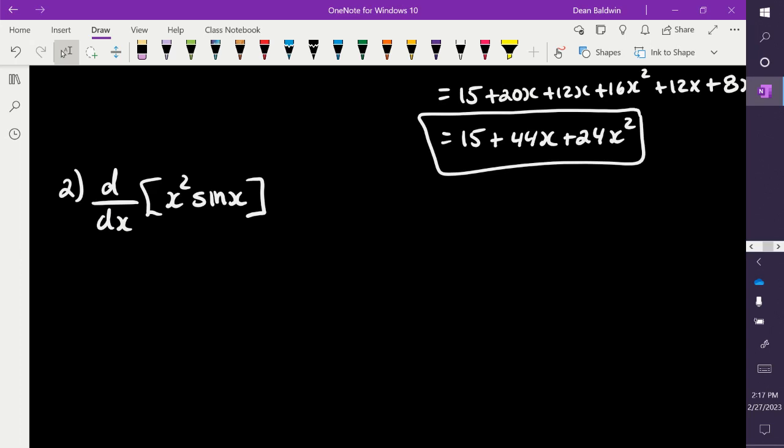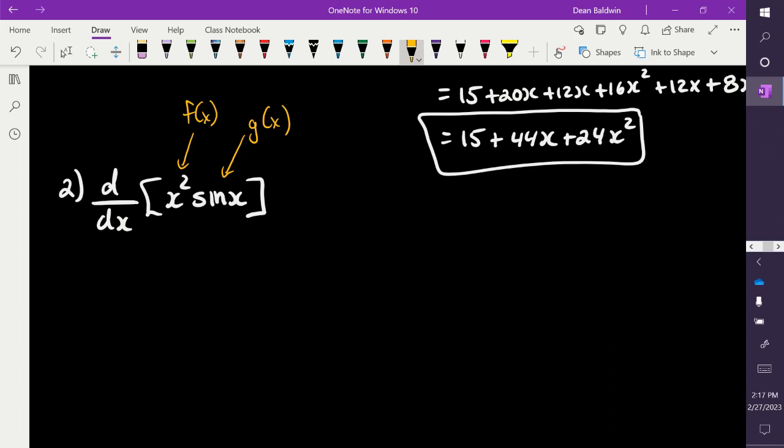Does everybody see 2 functions there? No? There's f of x. There's g of x. So the trig function, these are like 2 functions being multiplied, right? X squared is one function and sine x is the other function. So then, sorry? Yeah, because they're not being added. So then we go, okay, we're going to use product rule because it's two functions being multiplied together.